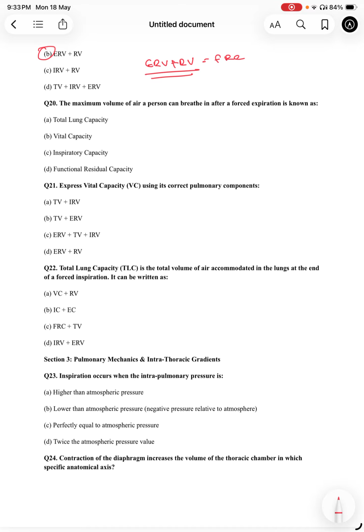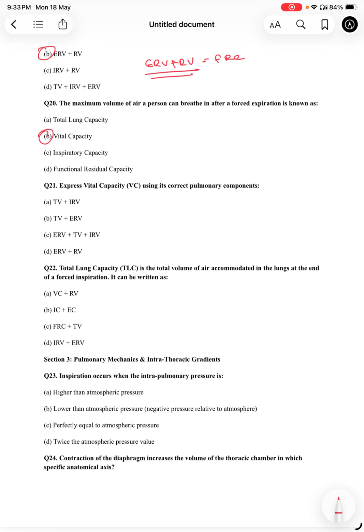Basically, the maximum air movement possible in the lungs. It represents the volume of air you can inhale after a maximal forced exhalation or exhale after a maximal forced inhalation. Okay, so the answer is vital capacity.